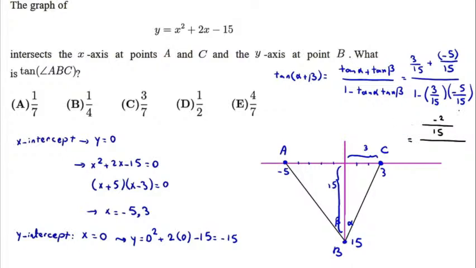Okay. 3, 5, 15, we have this. It will be 1 plus 1 over 15, which will be 15 plus 1, 16. We cancel 15 and 15. And here, sorry, I should say plus 5 over 15.